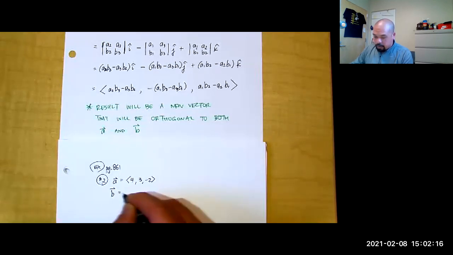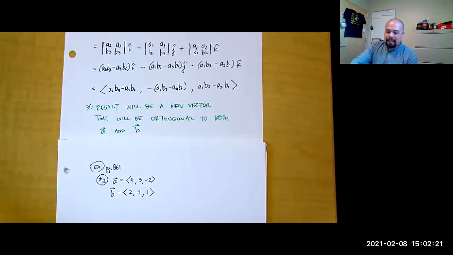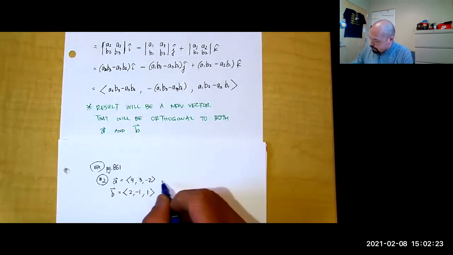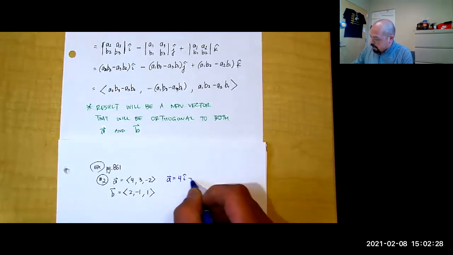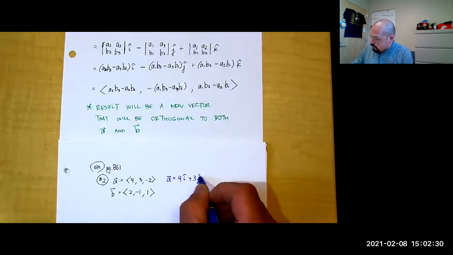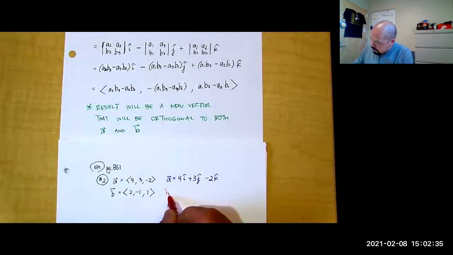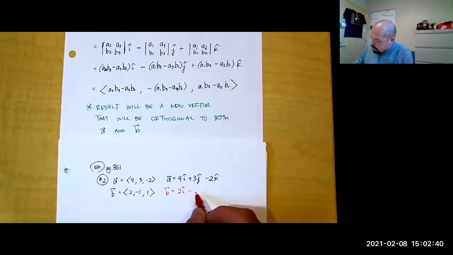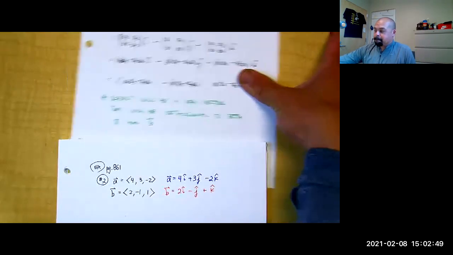Vector B is 2, -1, 1. Just as an aside, vector A here we can also see as 4i plus 3j minus 2k. Vector B, just to get used to seeing these notations, is 2i minus 1j plus 1k, or plus k there.